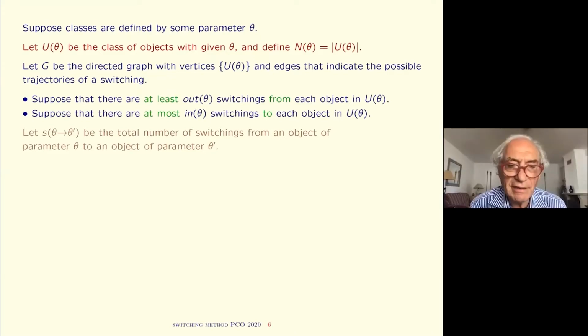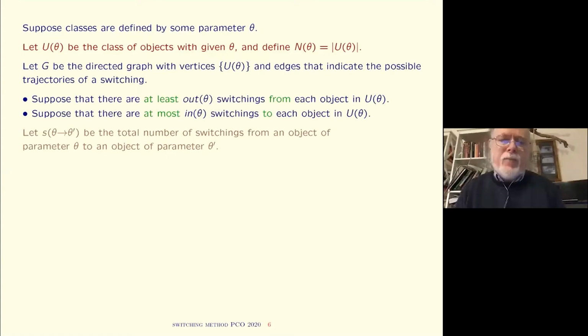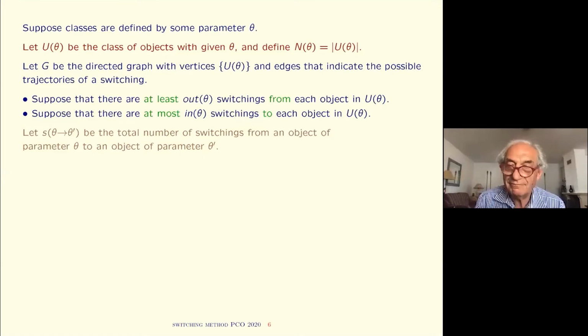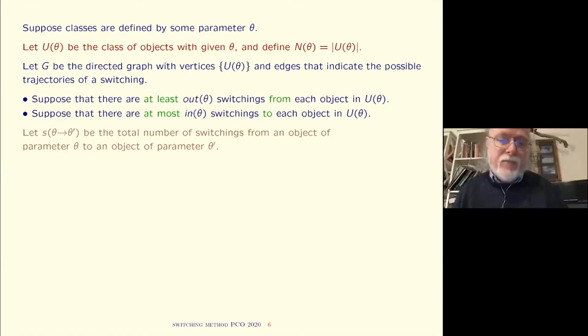Brendan, now suppose we've got a question. Yes. Can you define switching for us, or tell me what it is? At the moment, it's just a relation. You have an object, you apply a switching to it, and you get something else. I'll give you examples: it could be moving an edge to a different place if you've got a graph, or taking off two edges and putting them somewhere else.